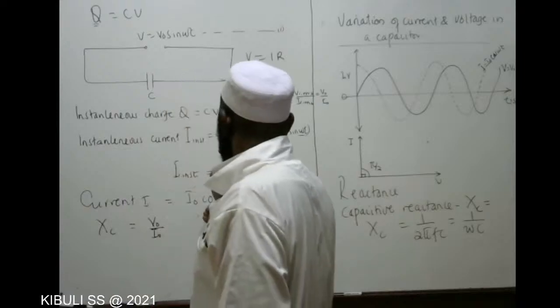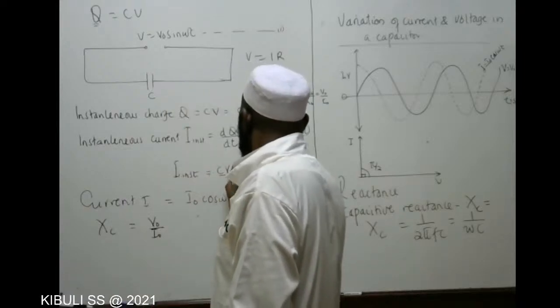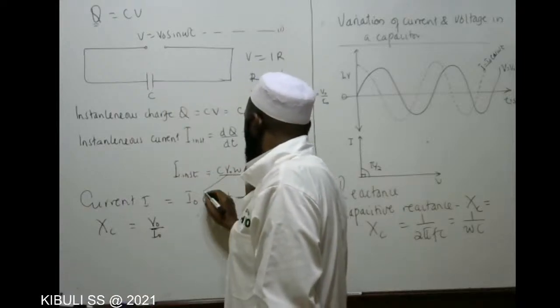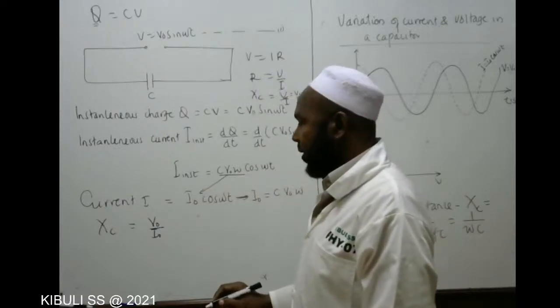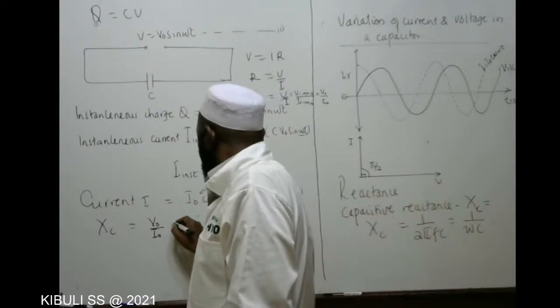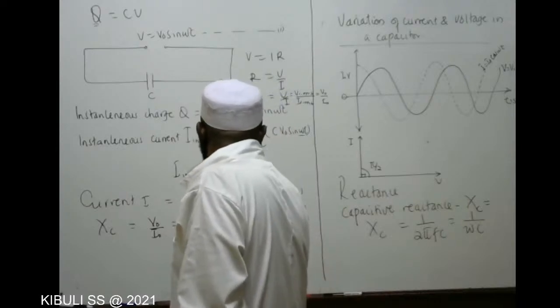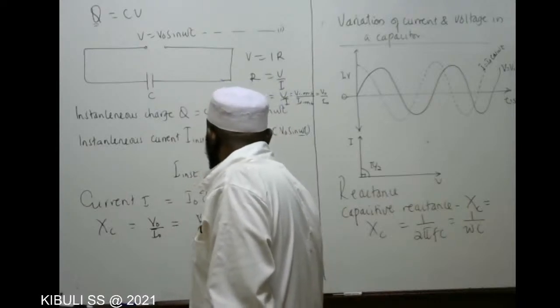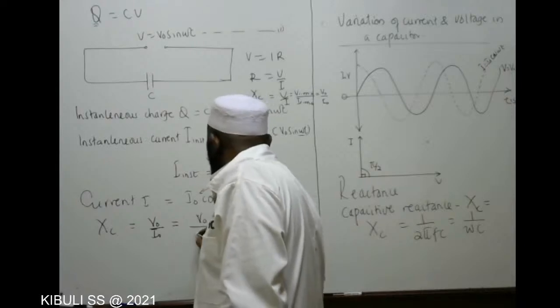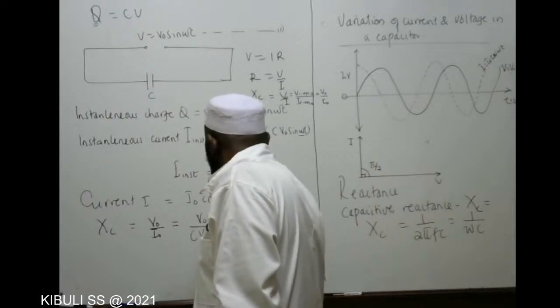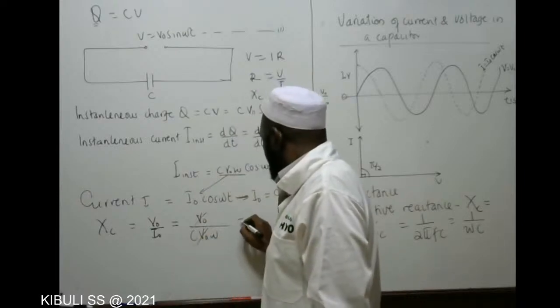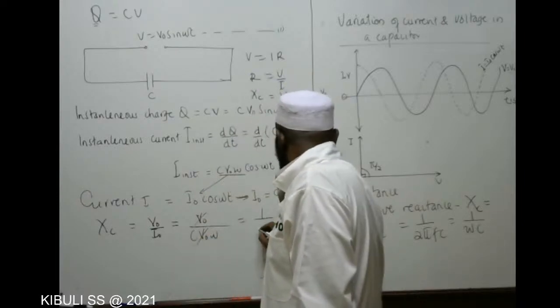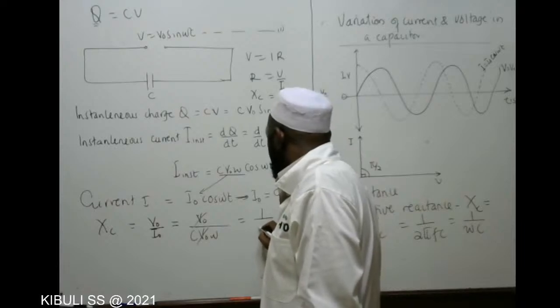But already we have noted that I naught is CV naught W, so XC is V naught over CV naught W, and V naught cancels, and we remain with 1 over WC or CW.